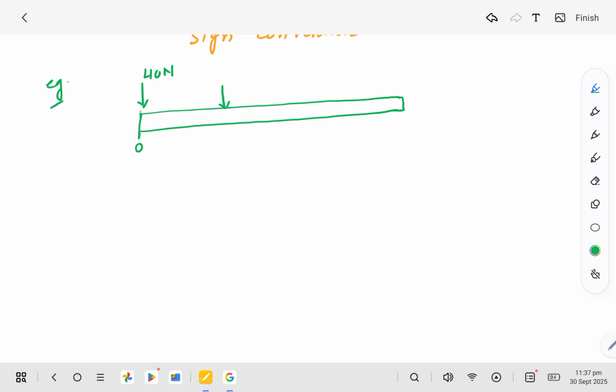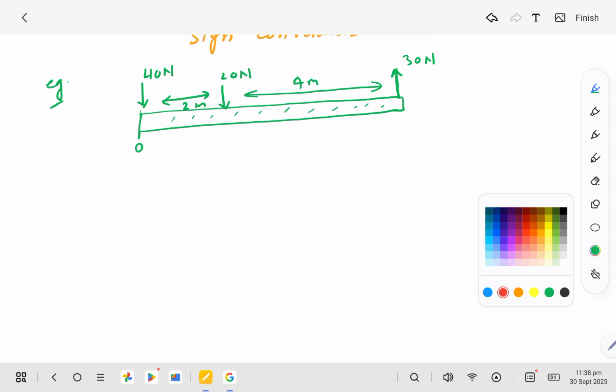One force is acting 2 meter away, magnitude is 20 Newton, and one force is acting at the second end in this direction. This is 30 Newton. The distance is 4 meter. So this is the body.